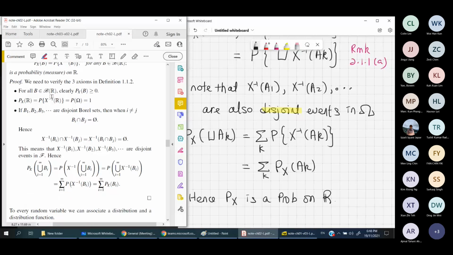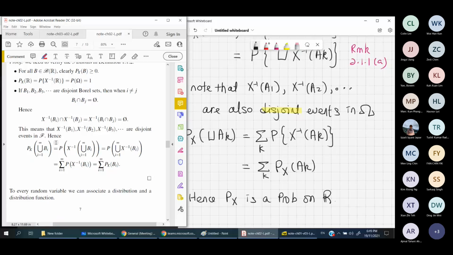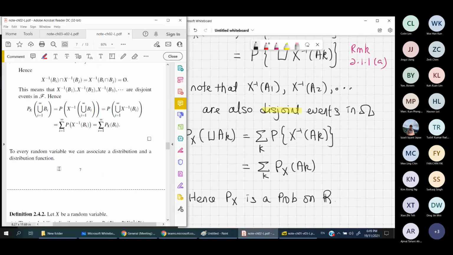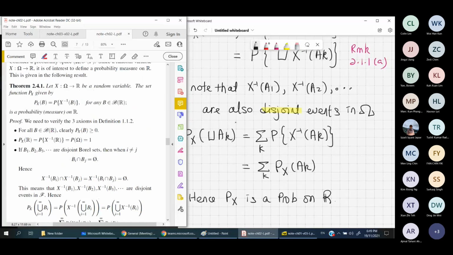Oh, actually, the proof is already here. So just write it one more time, we just need to change the symbol from B to A. Okay, the rest are the same. Okay, now we have verified.